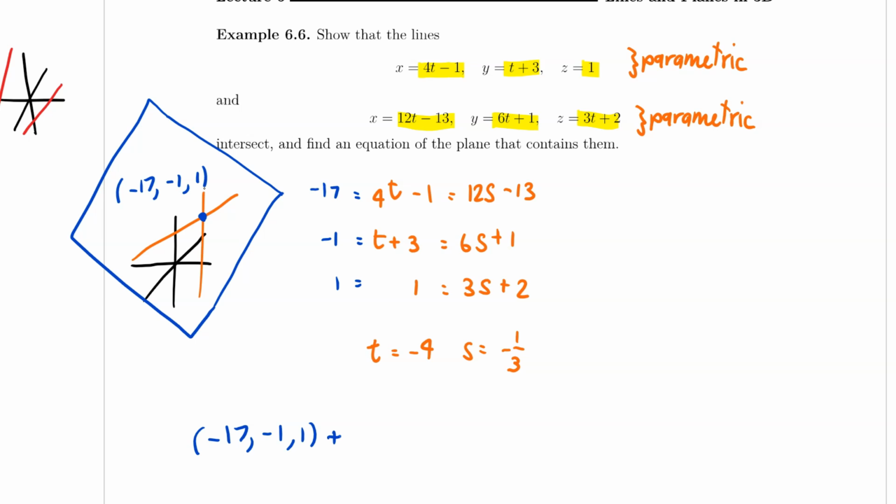And I know it has to contain the two orange vectors here, and I can read them off from the parametric equations that we have here. So I can use those as the vectors that generate my plane.